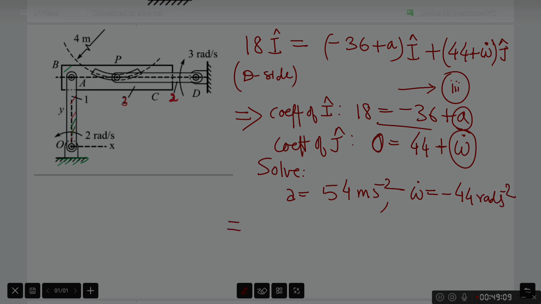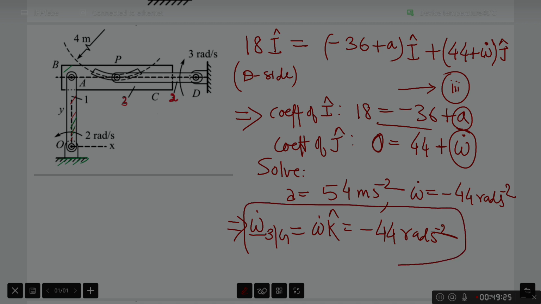And thus omega dot 3g, which should be omega dot k hat, is minus 44 radians per second square. This is the final answer. One can verify.